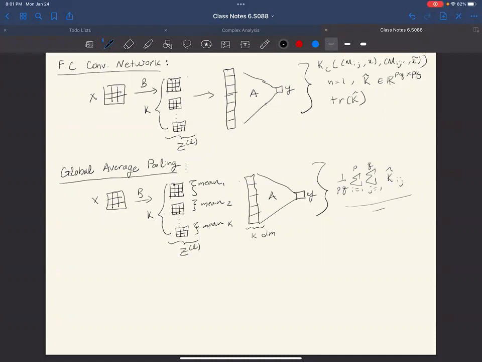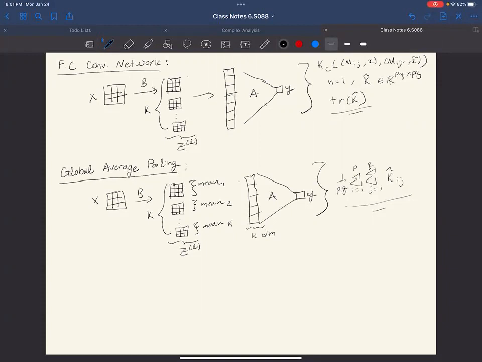It's a bit of a pain to compute. On the other hand, this trace requires only knowing the diagonal entries of this K hat. And so this is actually quite fast to compute. And there's tricks. You don't have to compute all the entries of this PQN by PQN matrix. And so this is the nice trick with this convolutional neural tangent kernel.